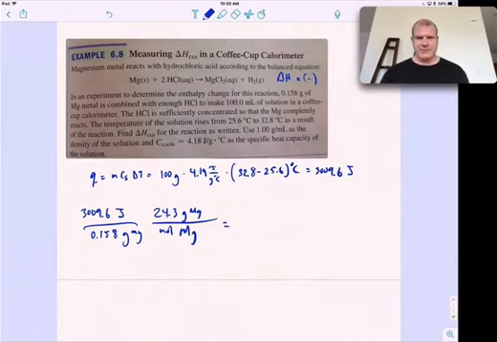You do this enough, you too will be a walking periodic table. Okay. Then, doing that, we have to multiply by 24.3 and divide by 0.158.